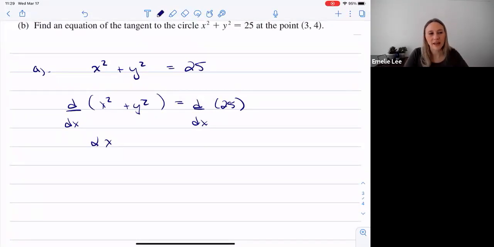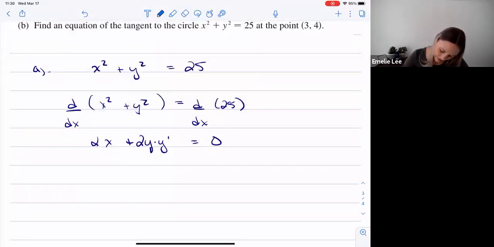And then when I take the derivative of y squared with respect to x, right, the derivative of the outside is 2y to the power of 1, but I'll just write 2y. And then we have to multiply by y prime. And then the derivative of the constant is 0. Right.